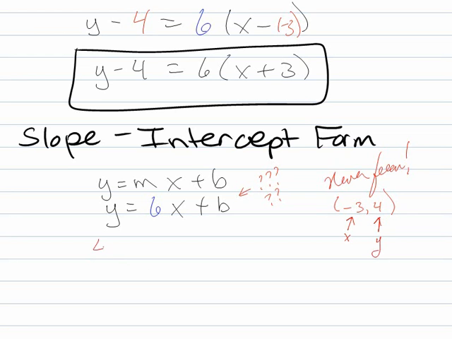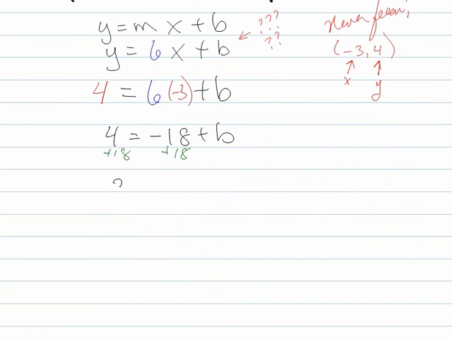So let me go ahead and plug those in. 4 equals 6 times x, and x is going to be negative 3, plus b. So I've got 4 equals negative 18 plus b. So add 18 to both sides. So I've got 22 equals b, or b equals 22.